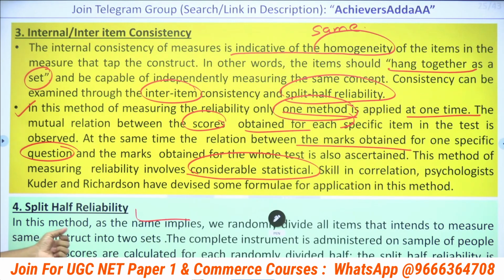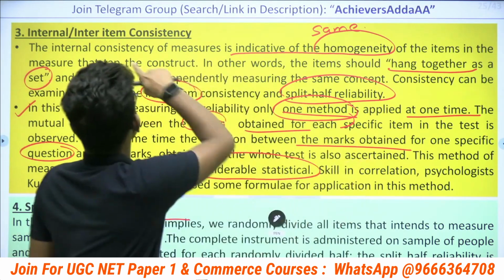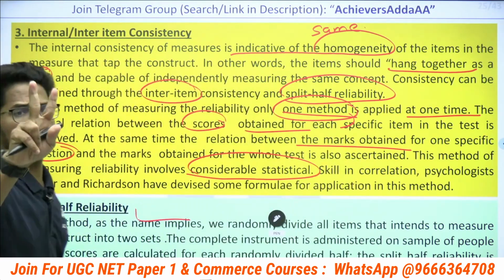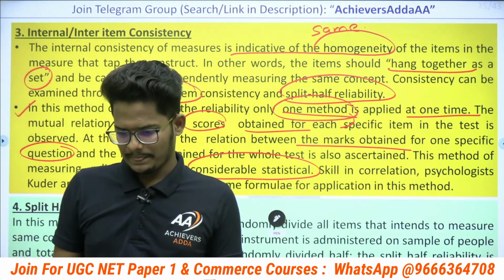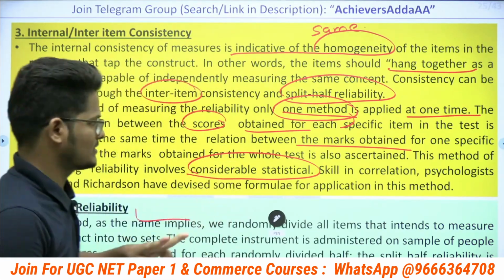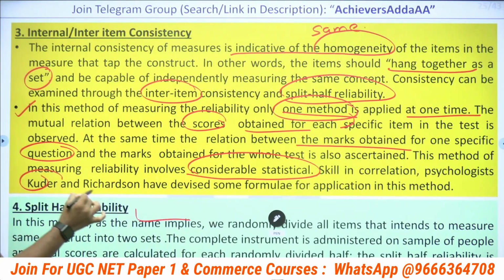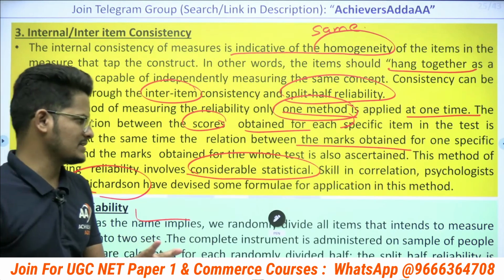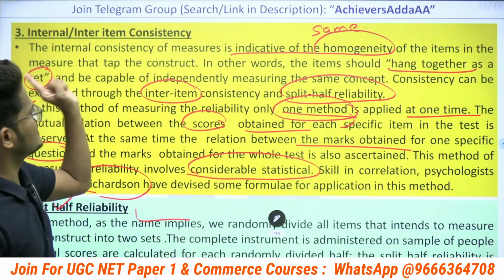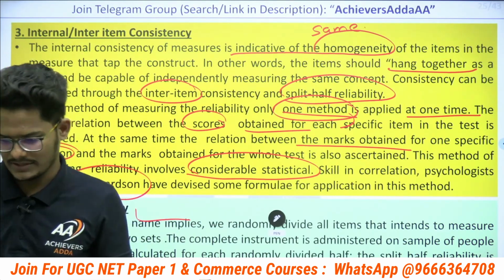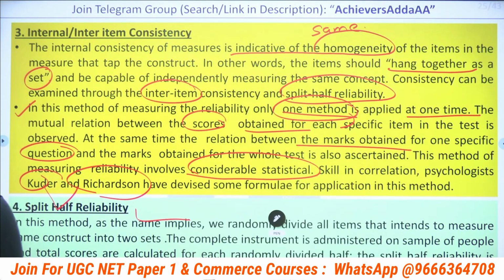Even for this internal consistency, there are two methods given by two authors, Kuder and Richardson. Kuder and Richardson have given two formulas for application of this internal consistency method, or internal item consistency method.